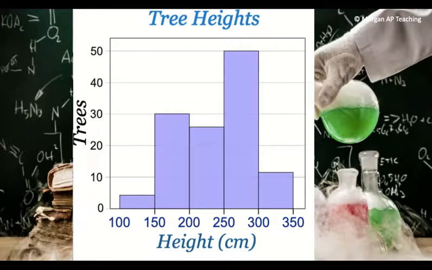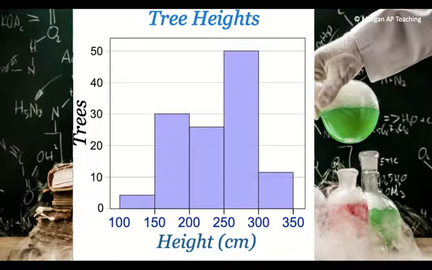All right, so here's a histogram example. What we kind of see with this is the descriptive statistics, right? We've taken the data, we've broken it down, and as you can see, we're charting the frequency of trees within a certain height range.